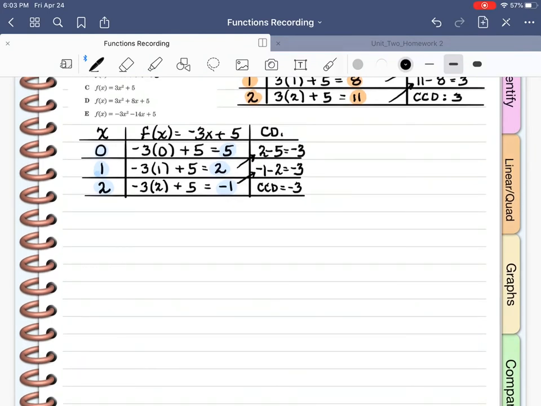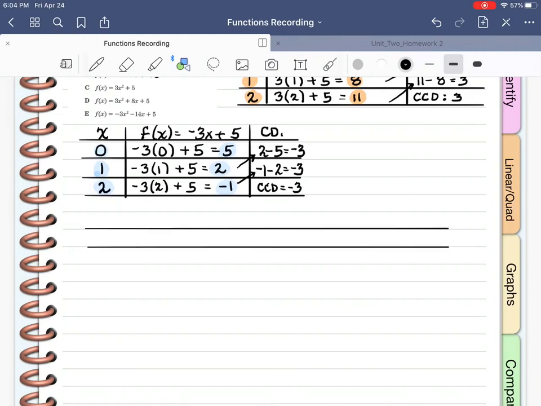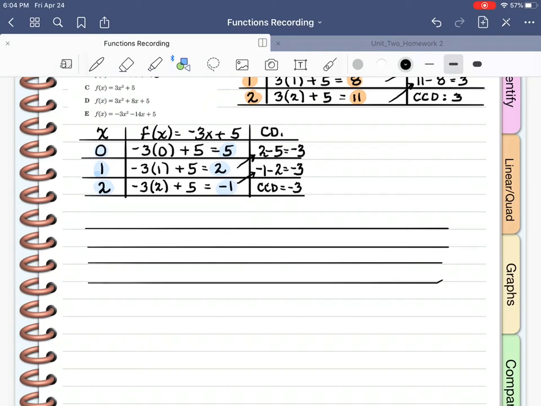Okay, option C is a quadratic equation. So I'm going to need to go a little bit further with my lines. And I'm going to test those three values again. So I need to put a space for inputs, a space for the function.